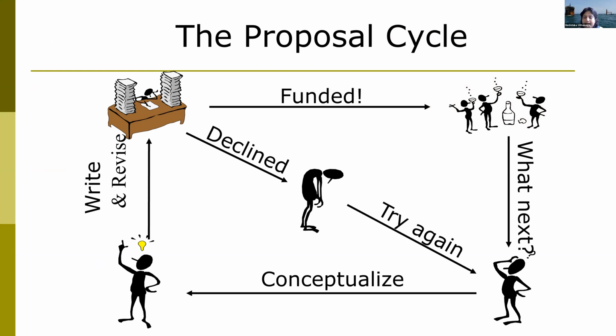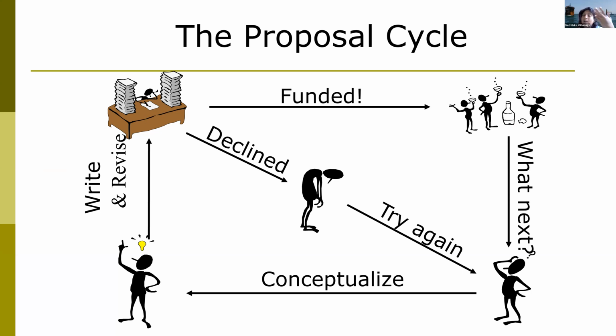When you write, first you conceptualize, and then you write. Then you review or revise it. Then you send it to the evaluator. It may be funded right away, then you are okay. But it may be declined. If it is declined, you have to try again.